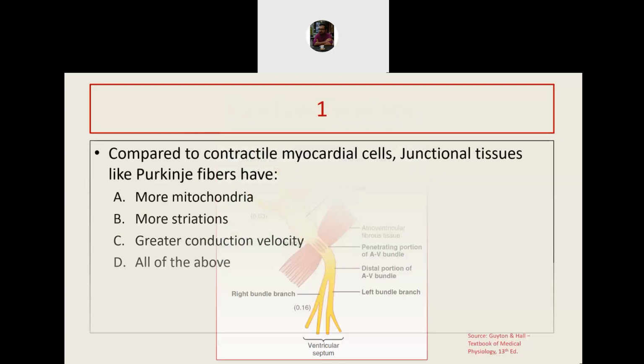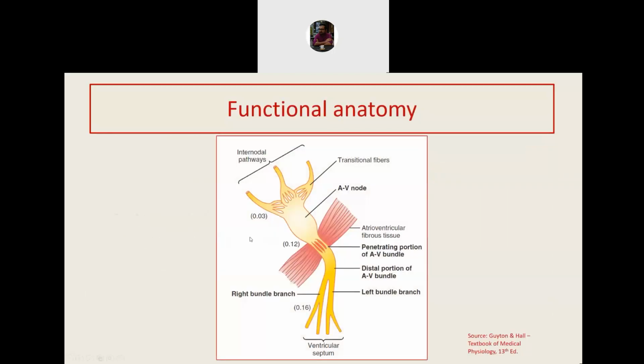The junctional tissues that we can see here are very unique. One thing that you can see here clearly is that they are pale tissues. They look more like nerve fibers than like muscle. As a result of this, we have seen histologically that the junctional tissues have less striation. They have less mitochondria because they don't have to contract that much.